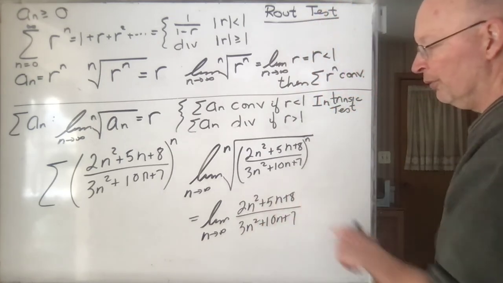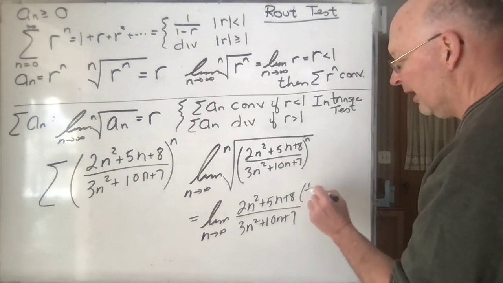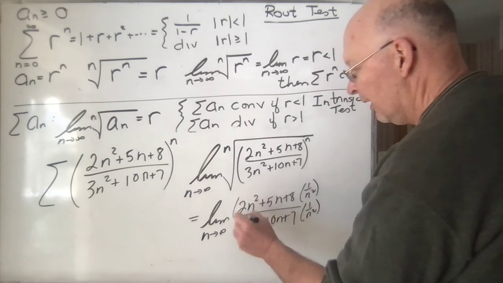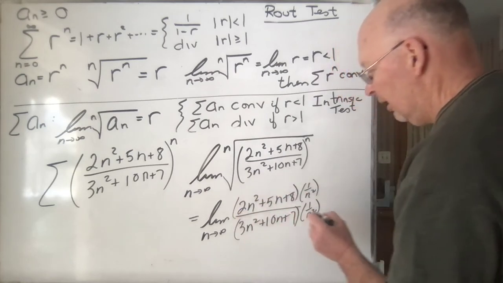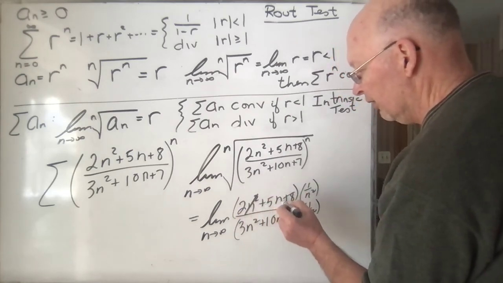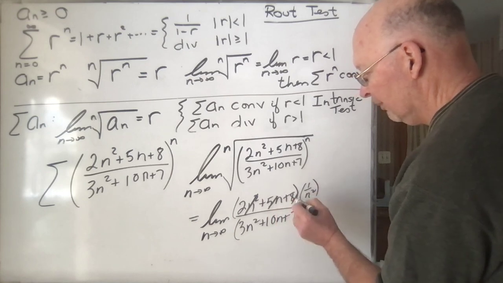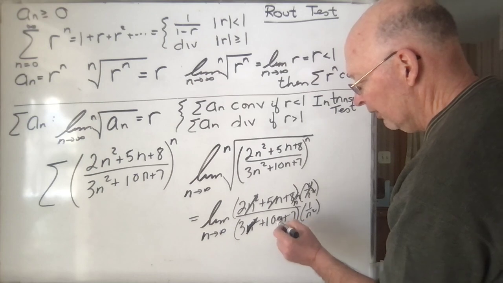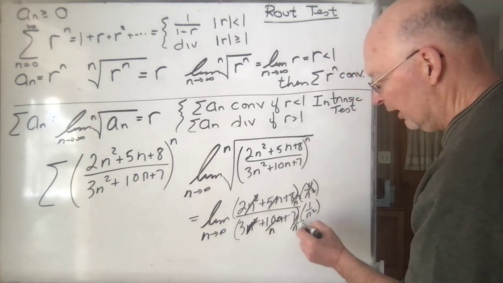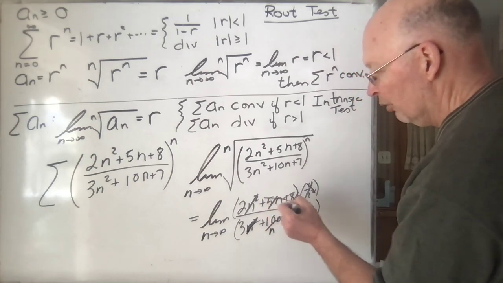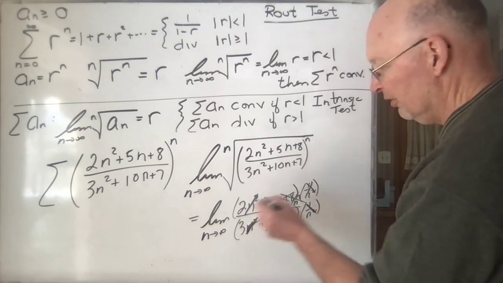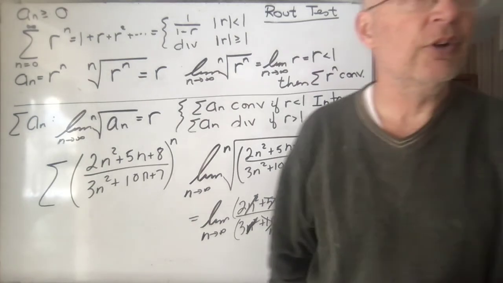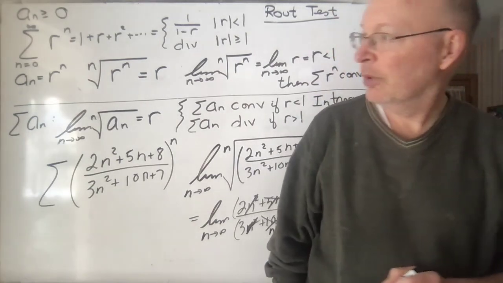And now as n goes to infinity, you can divide both the top and the bottom by n squared. And when you do that, this becomes a 2. Here you're going to get something over n. Here you're going to get something over n squared. Here that's going to go away. You're going to get 10 over n, 7 over n squared, and all this stuff goes to 0. Boom, boom, and you just get 2/3. 2/3 is less than 1, and so that converges.